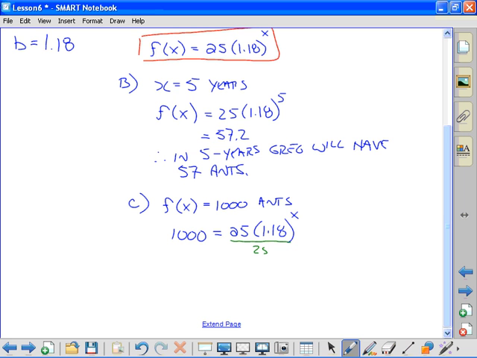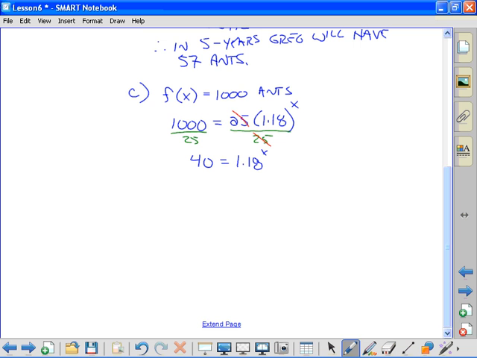Divide both sides by 25, and we end up with 40 equals 1.18 to the exponent x. The graphing calculator can handle that a little bit better than the 1,000, or it's more likely to be able to handle it.